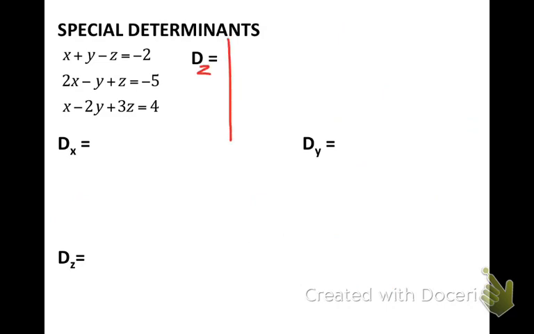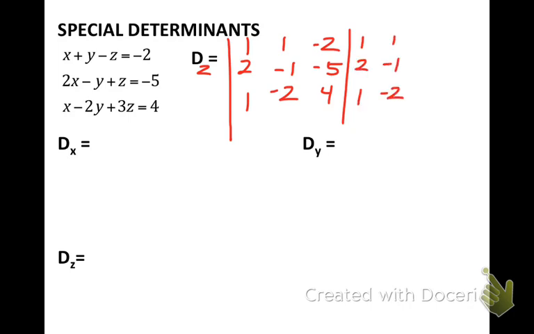So D sub z, column 1 stays, 1, 2, 1. Column 2 stays, 1, negative 1, negative 2. Column 3 now is the solutions, or the constants, so negative 2, negative 5, and 4. Retransfer the first two.